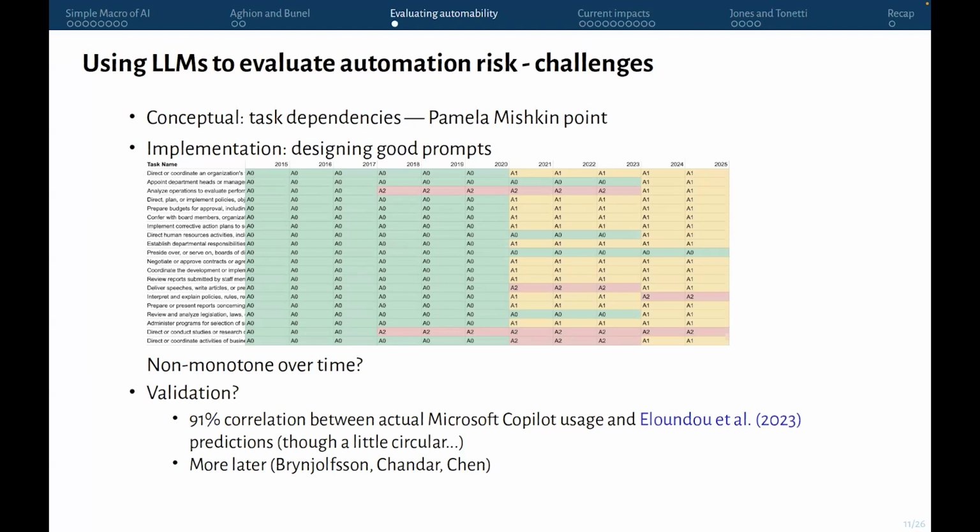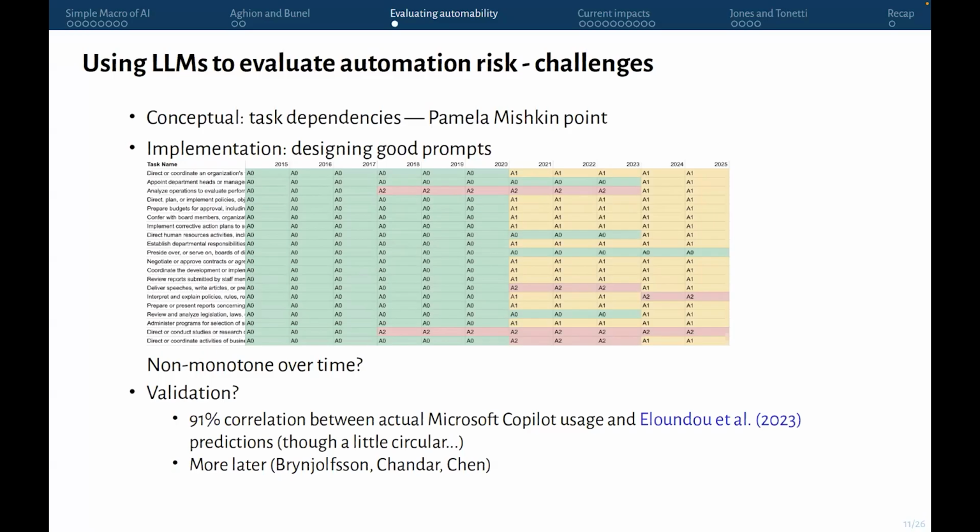There's a 91% correlation between Microsoft Copilot usage and the predictions from the Eloundou et al. paper. That's a little bit circular because they're also asking the Copilot to classify the tasks. So it's comparing the Copilot classification of how people are using it with the predictions from Eloundou et al., which was also produced by an LLM. I'll have more to say about this later.